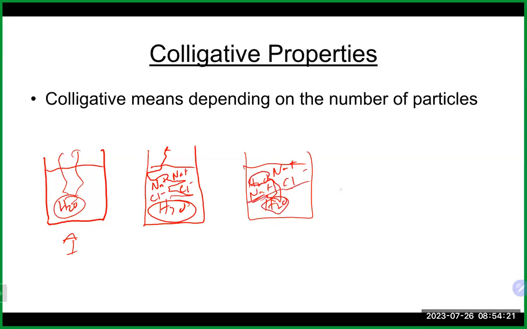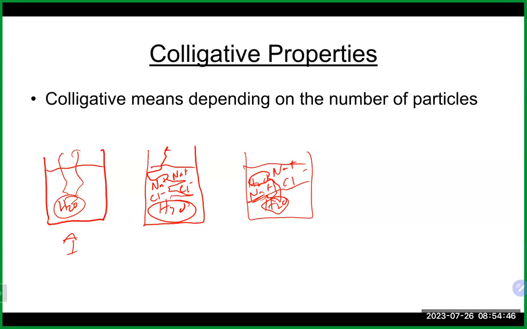But once again, you got a lot more kind of junk in the way of that process. So what happens is it takes a lot more energy to sort of be removed from that process in order for those guys to come together. The result of that, as we will see, is basically a lowering of the freezing point. So the freezing point gets lower than it normally would freeze when nothing's in the way, and can just kind of release all that stuff and kind of come together in the solid phase.